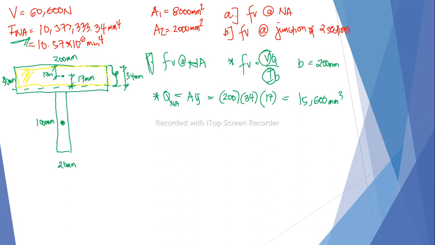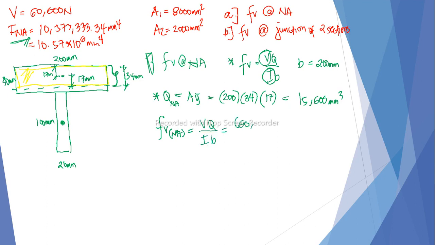Since we already have our Q, V, I, and B, we can now solve for the shearing stress at the neutral axis. That is equal to VQ over IB. Don't forget this general formula.